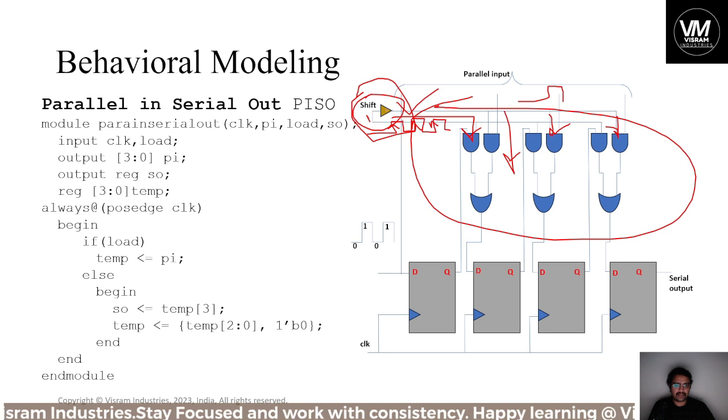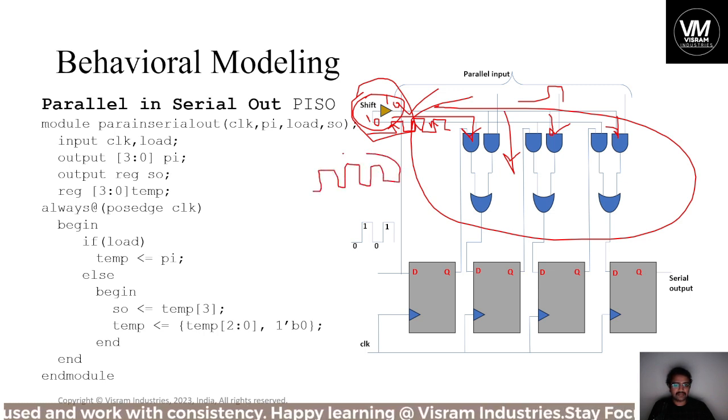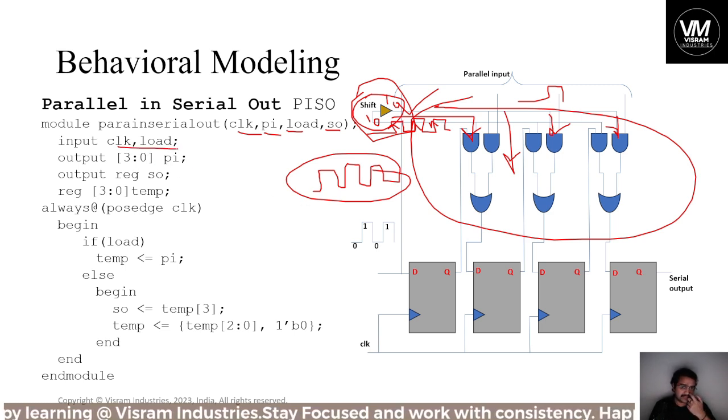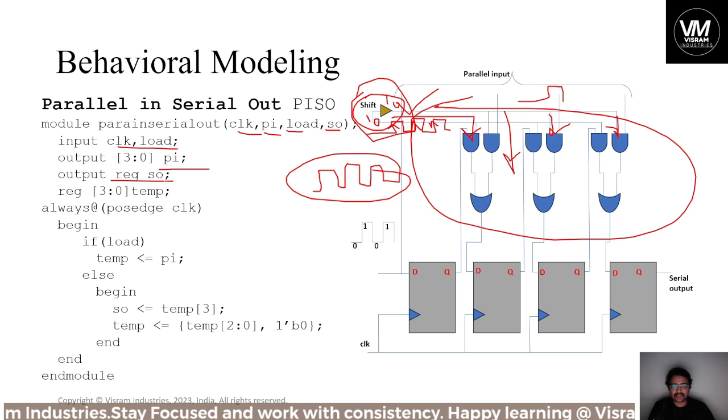If it is 1 it will be 0, and if it is 0 it will be 1, so values will be changing alternately. Hence we have used the shift buffer. You can see clock, parallel in, load and serial out. Clock and load are the inputs, and the output register is the serial output.